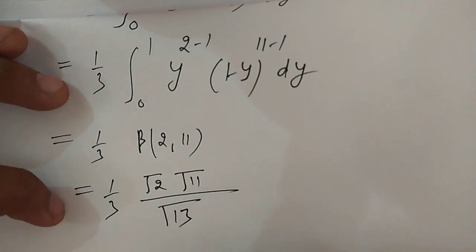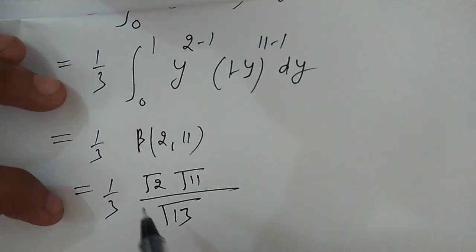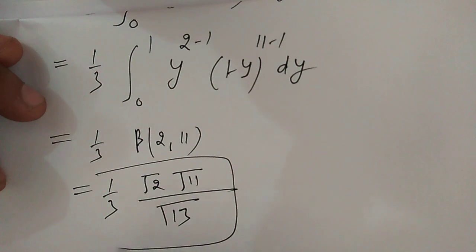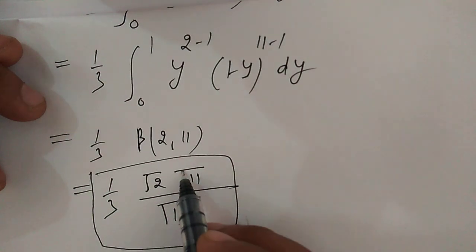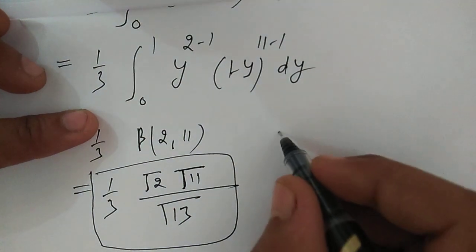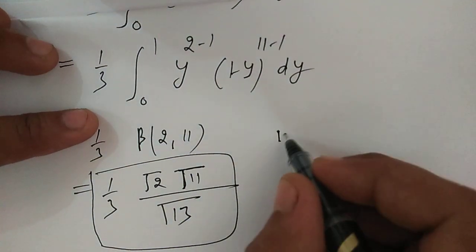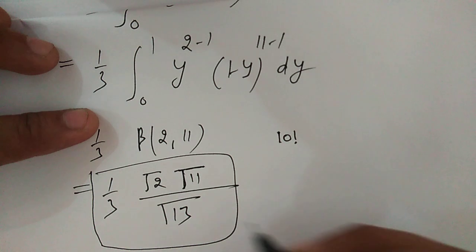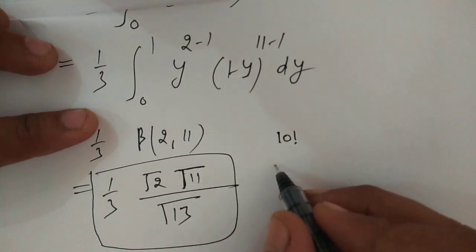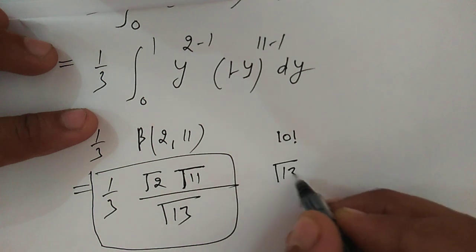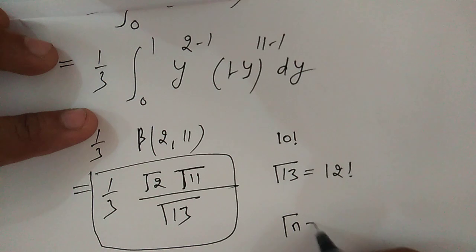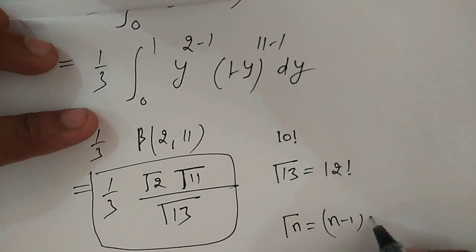If we change the answer into gamma function, gamma 2 gamma 11 by gamma 13, then this is the value of the integral. And gamma 11 means factorial 10, and gamma 13 means 12 factorial, because gamma n equal to (n minus 1) factorial.